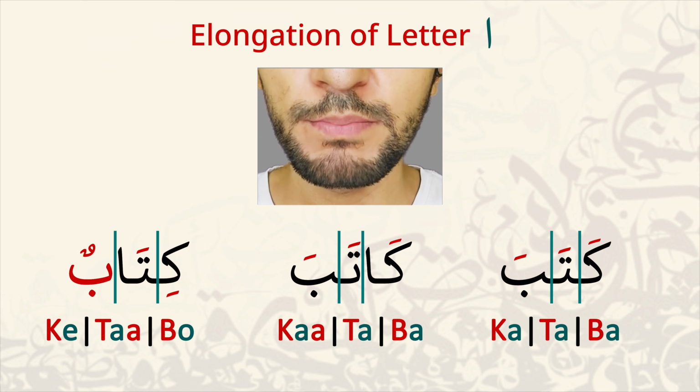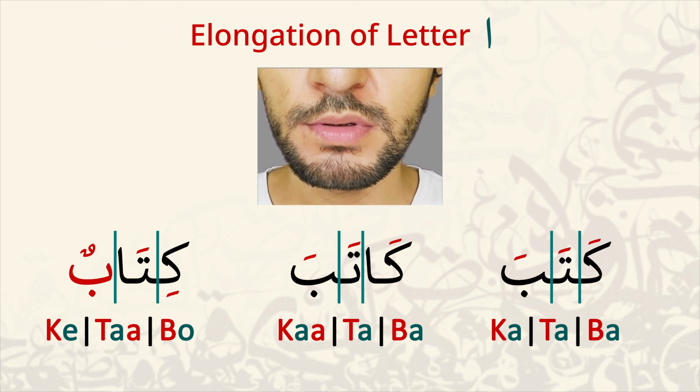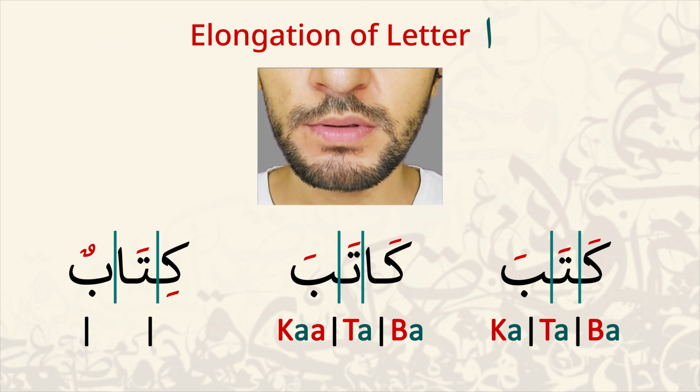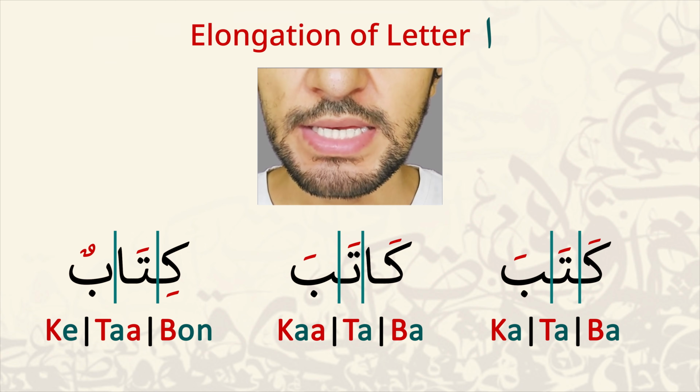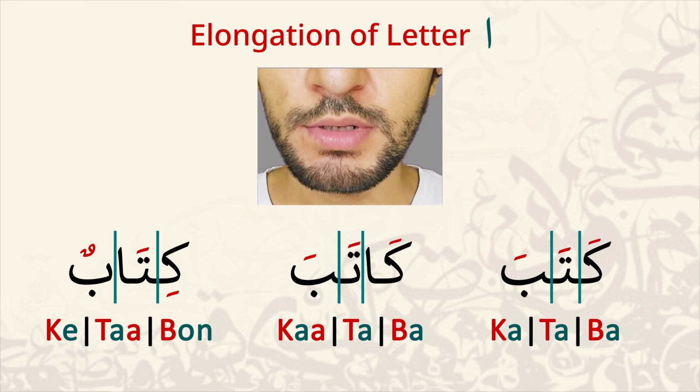Bu, bu. But it has a double dhammah label, as you see, which we call tanween. So here, we need to add a consonant noon sound, which makes it bun. The syllables of this word are ki, taa, bun.